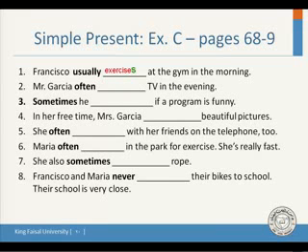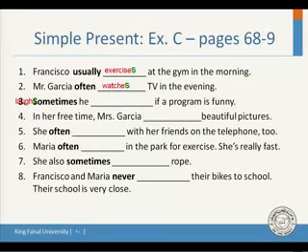Play, plays. Not playing or writing. Number 2, Mr. Garcia often watches TV in the evening. Often, not every day. Maybe 3 nights a week. Maybe Saturday, Sunday, and Monday. Often.